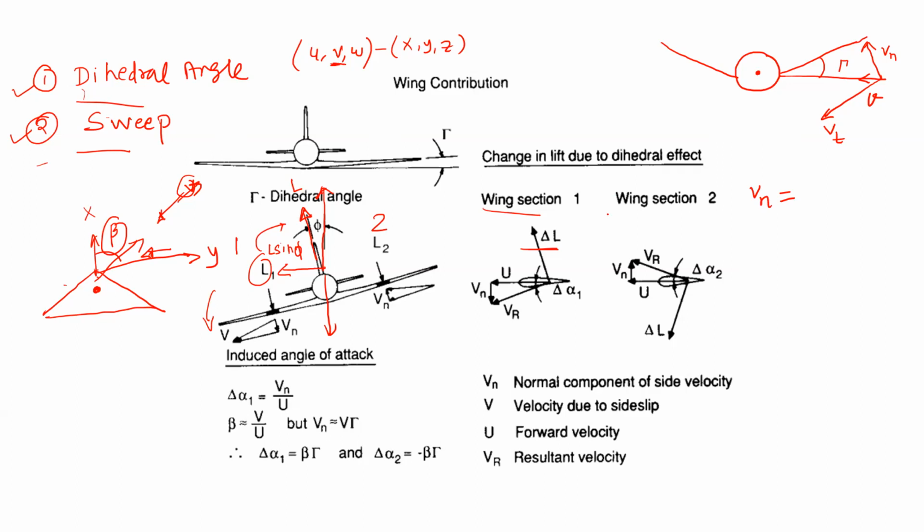Yes sir, Vn equals V cos gamma, or the angle. V cos gamma, let's say phi. So this answer is from Ripinder. Anyone else also want to answer?